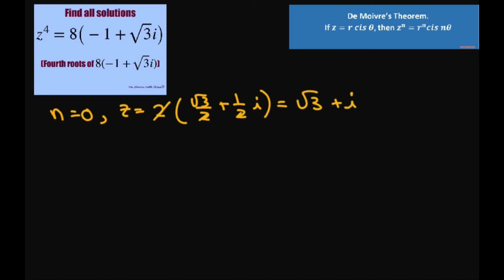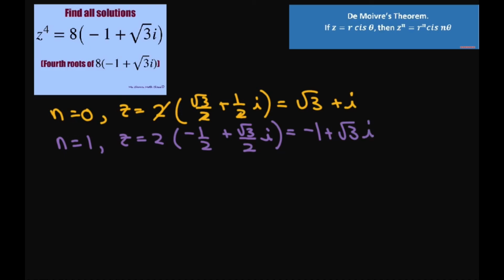For n equals 1, we have z equals 2 times (negative 1/2 plus square root of 3 divided by 2 times i). This is going to give me negative 1 plus square root of 3 times i. For n equals 2, we're going to get z equals 2 times (negative square root of 3 divided by 2 minus 1/2 times i).